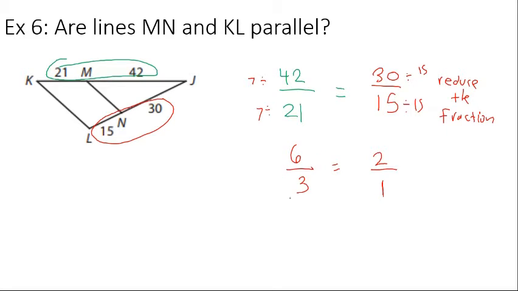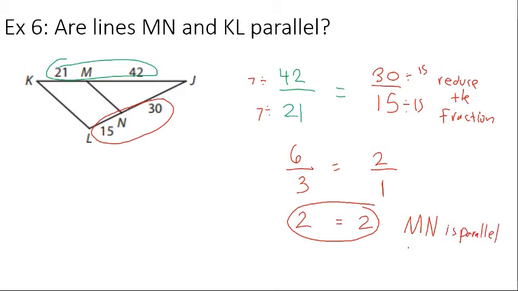I can reduce some more. So 6 divided by 3 gives me 2. 2 divided by 1 is 2. Since this is equal, 2 equals 2, we say MN is parallel to KL.